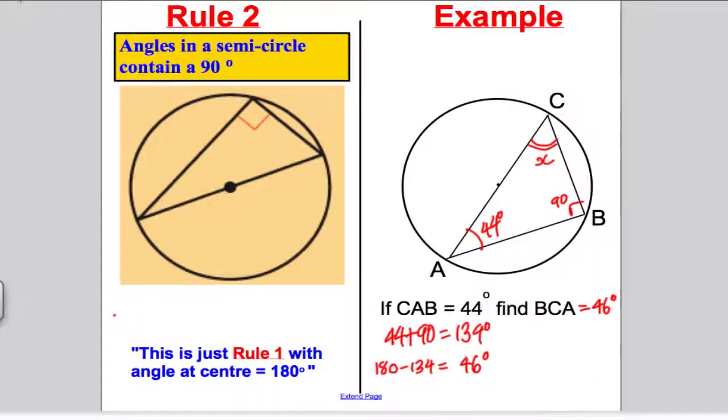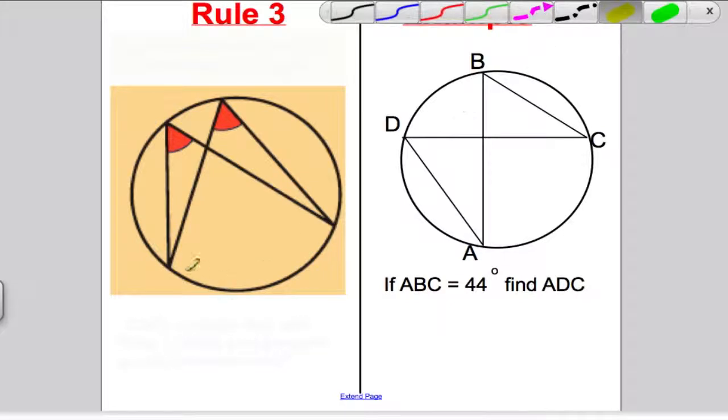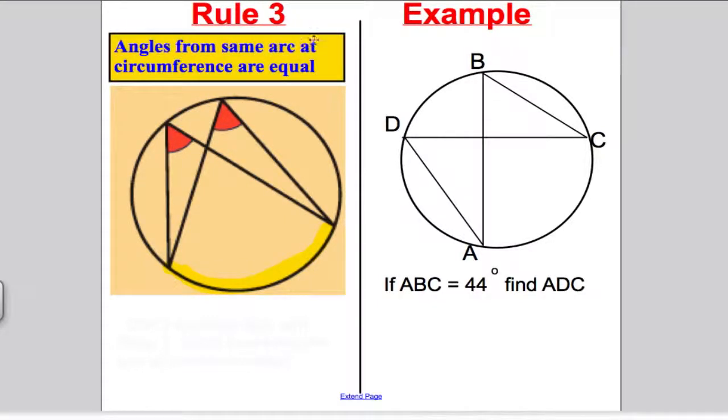Okay, let's move on with a new rule, rule 3 here. Here's a picture for rule 3, and what rule 3 says is that if you have an arc like this, then any angle you draw coming out of that arc at the circumference will be the same. So these two red ones are the same. And the way we phrase it, angles from the same arc at circumference are equal.